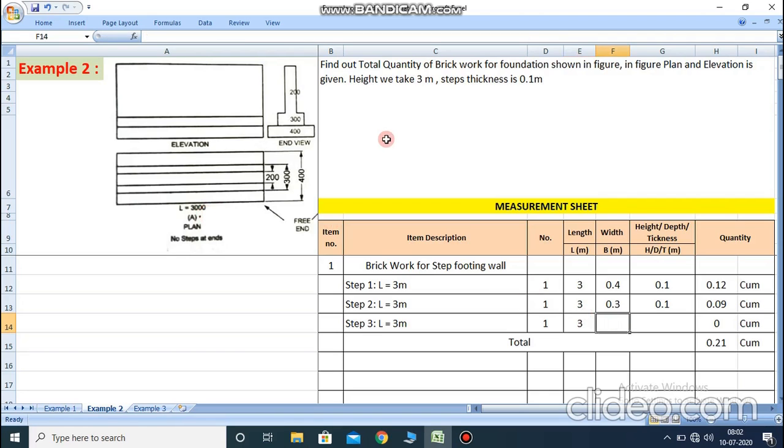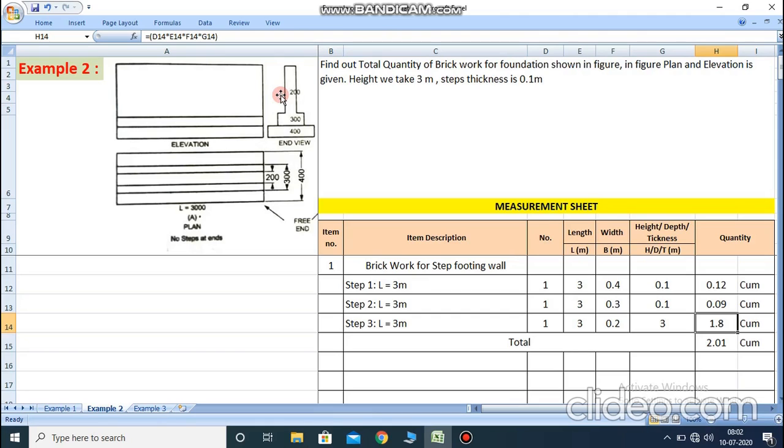Width we take 200 mm. See this point, 200 mm width means 0.2 meter in meter, and height we take 3 meter. So the total quantity of the 3 steps: step 1 is 0.12 cubic meter, step 2 is 0.09 cubic meter, and third step is 1.8 cubic meter.